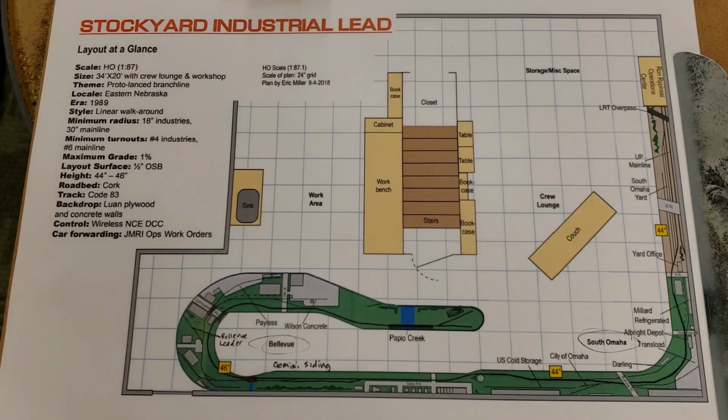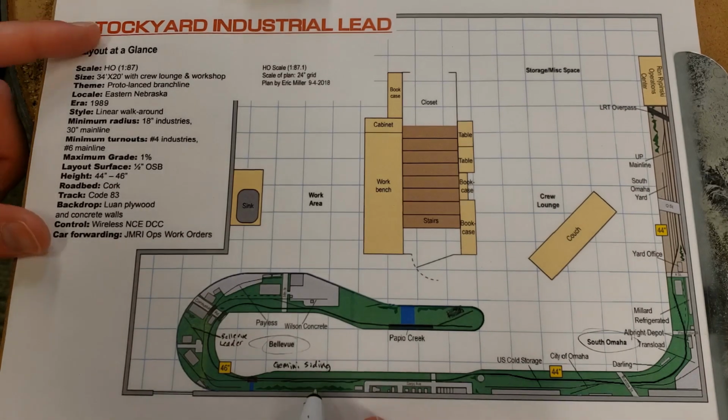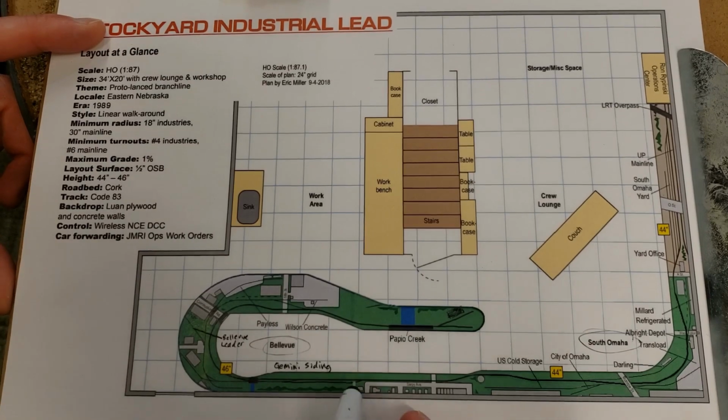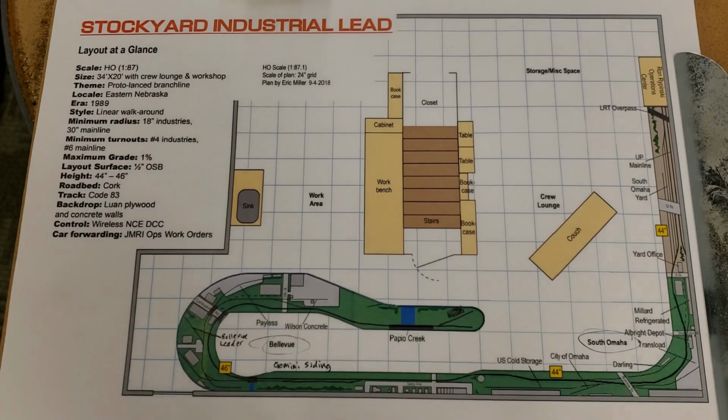For me, I wanted to show that I'm in the Omaha area, specifically Bellevue. Right here where the siding is, I have Gemini Park, which there actually is a real Gemini Park in Bellevue, and have that look like Bellevue. So having the landscaping and some of the housing development, you get into showing what area you're in. So that's kind of cool. You bring it home really.